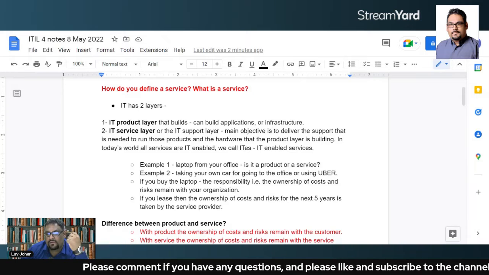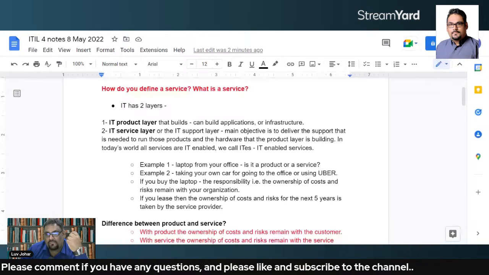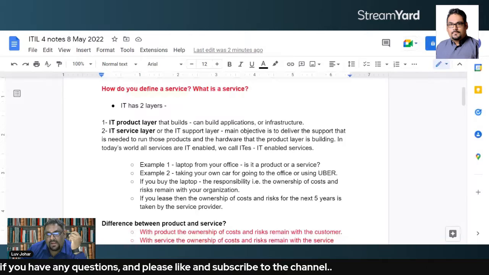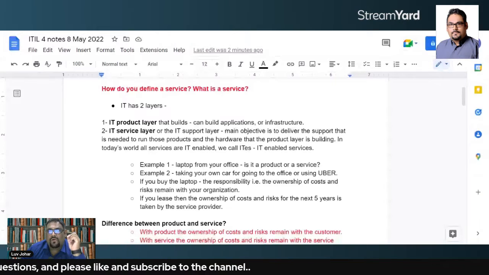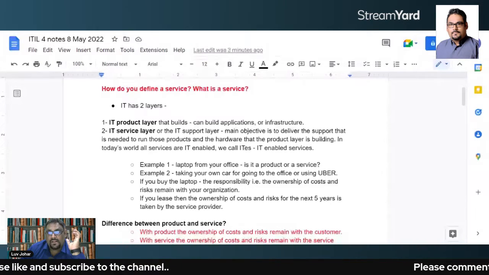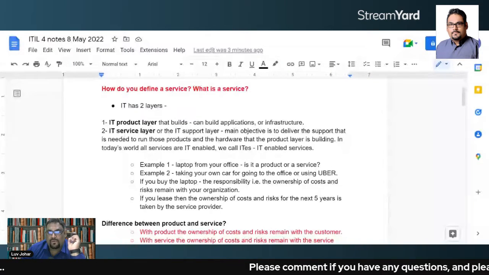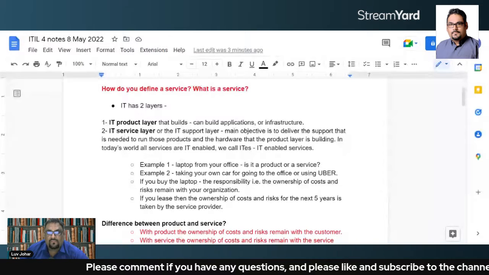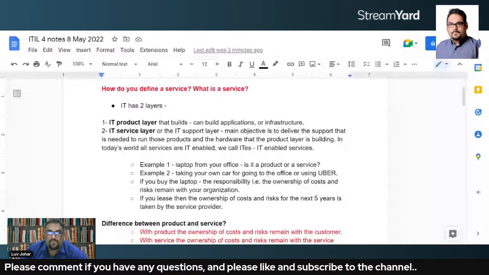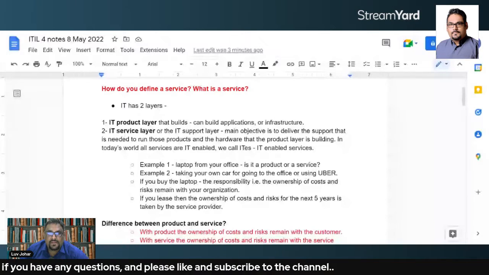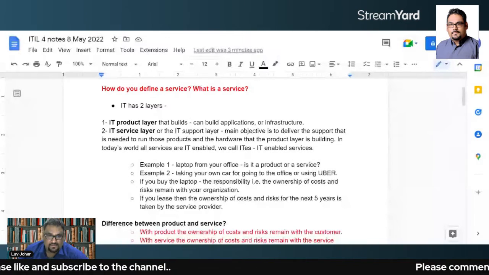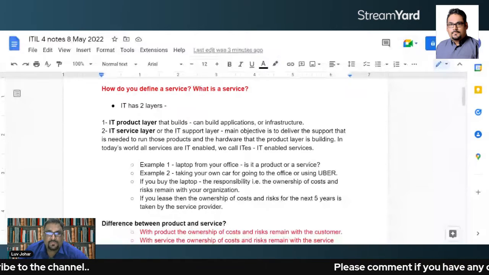Just think about it, because it depends entirely upon the kind of model the organization has chosen for that laptop. If the laptop is being leased by the organization from, let's say, an OEM like Dell or HP for 5 years, let's say the organization has leased 100 laptops, then absolutely it's a service.